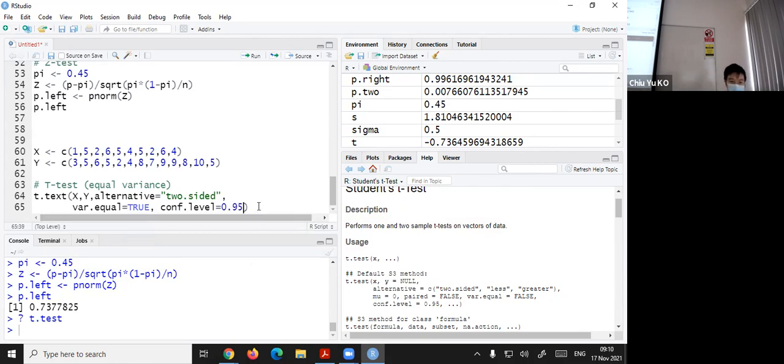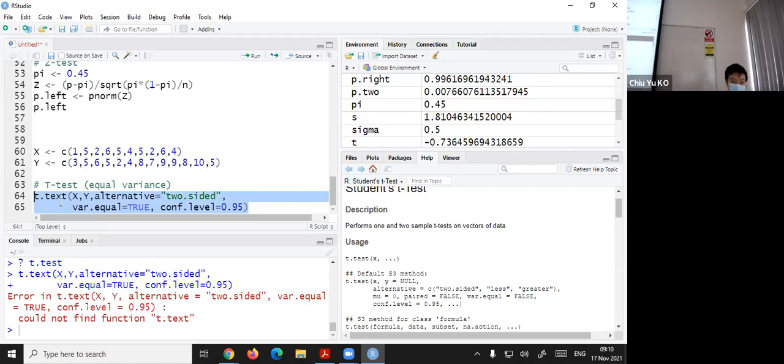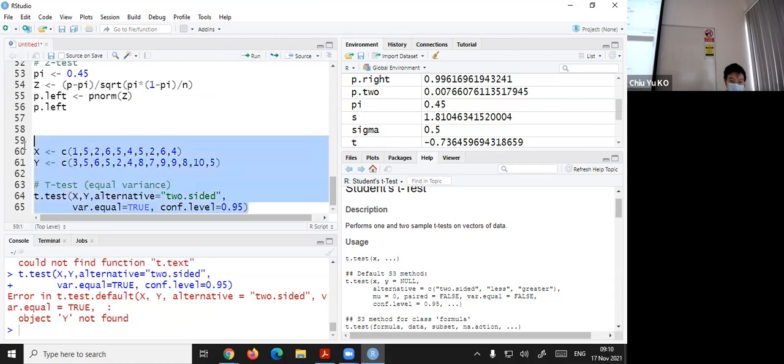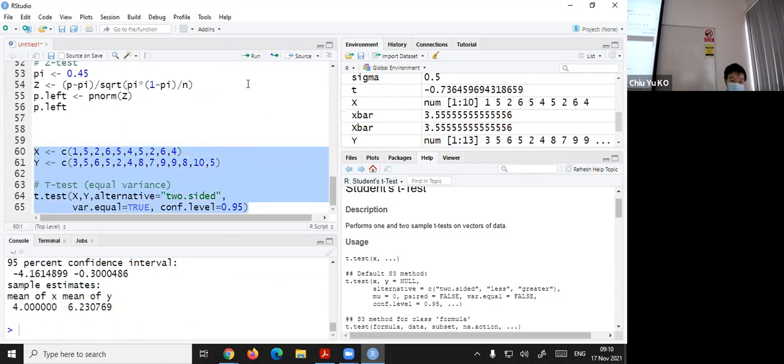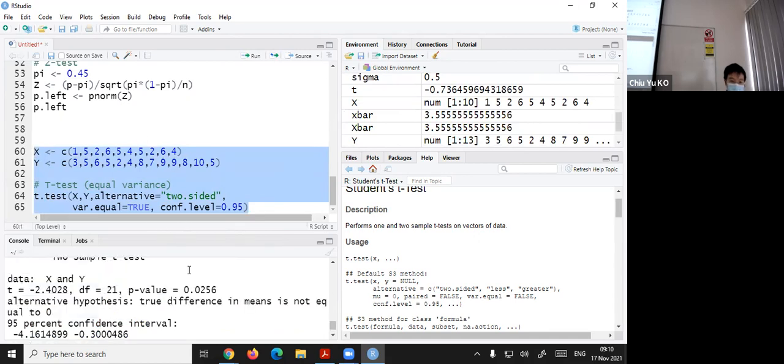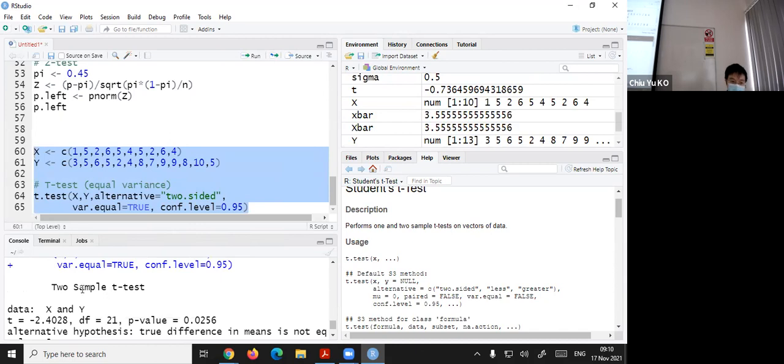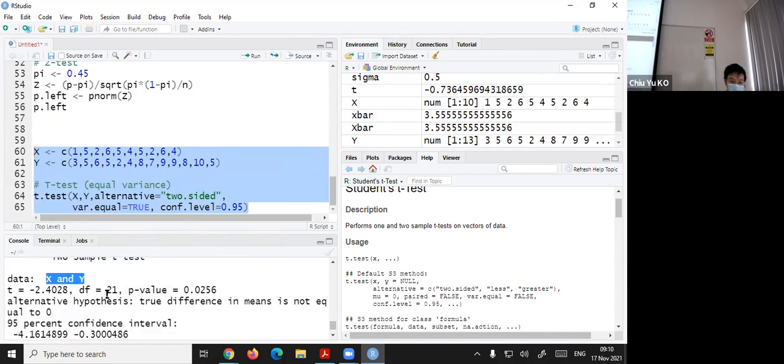So this, you run it, this is the t-test. I haven't done it right, so I have to run the whole thing. Okay, so this is the result we have. Two sample t-test, X and Y, calculate t, and this df is 21.